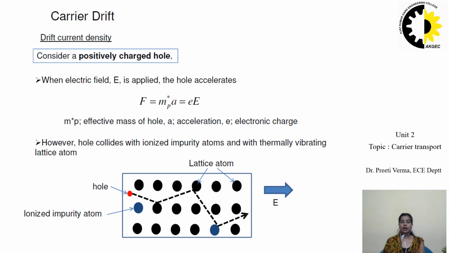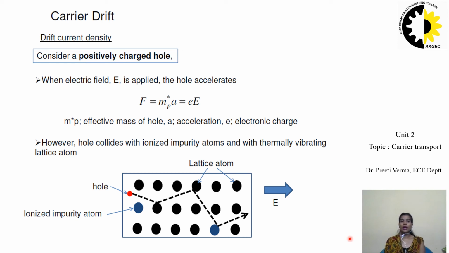So consider a positively charged hole. When electric field E is applied, the hole accelerates, and the force F is equal to mp star, that is the effective mass of the hole, multiplied by acceleration a, which is equal to e times E, where capital E is the electric field. mp star is the effective mass of the hole, a is acceleration, and e is the electronic charge.